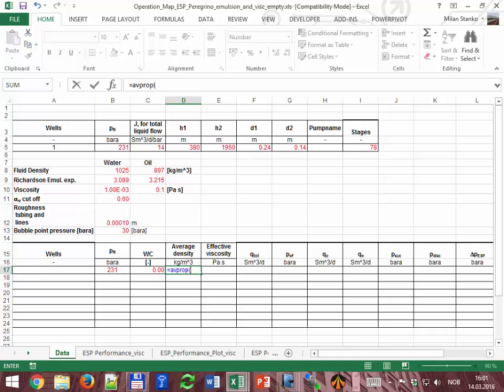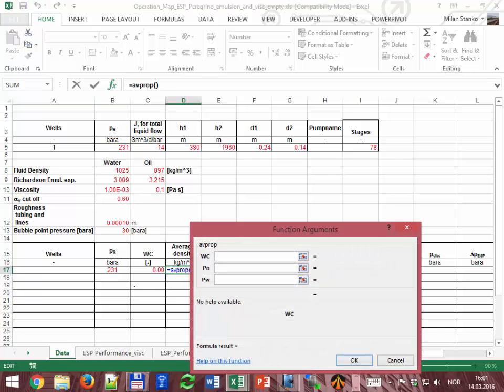Okay, so let's calculate that. Prop, and here I need the water cut, I need the property of the oil, which is density, what we are calculating, and we have to lock this cell, okay, and water, and the property of the water, okay, and it should give you exactly the density of the oil because it's pure oil, okay.